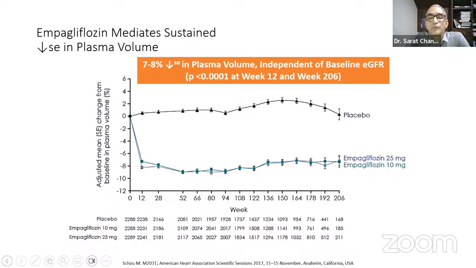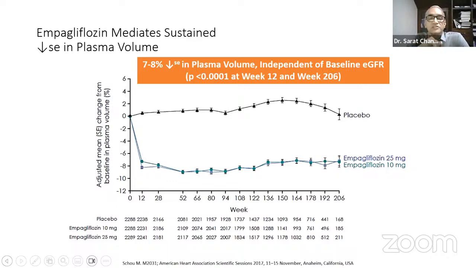Compared to the top curve, the placebo curve, the curve with empagliflozin shows very clearly that there is a reduction of plasma volume. Now, the plasma volume is reduced, but the interstitial volume also is reduced.